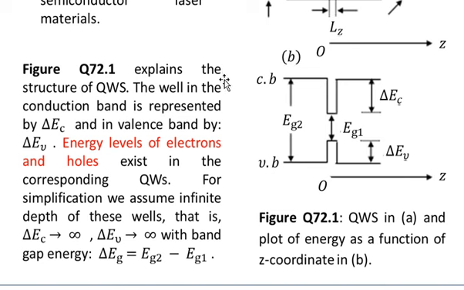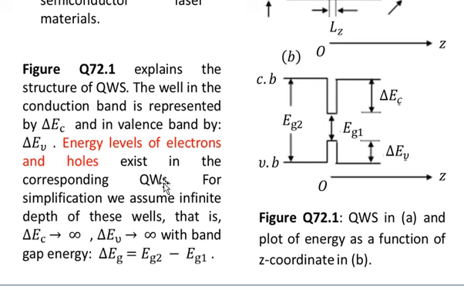Figure 72.1, that is this figure, explains the structure of the quantum well semiconductor. The well in the conduction band is represented by delta EC, that is the depth of the quantum well associated with the conduction band, and in the valence band by delta EV. Energy levels of electrons and holes exist in the corresponding quantum wells.